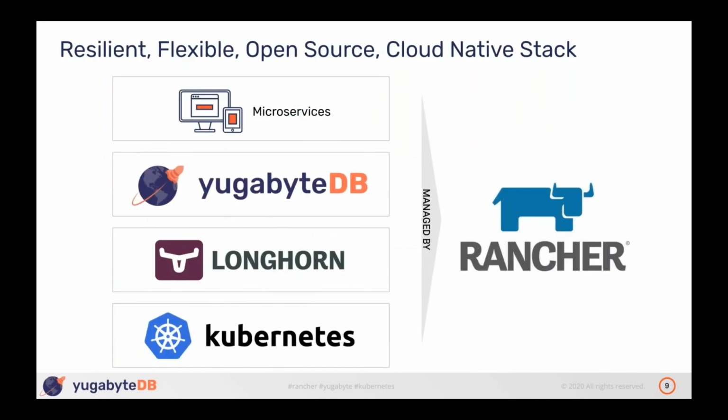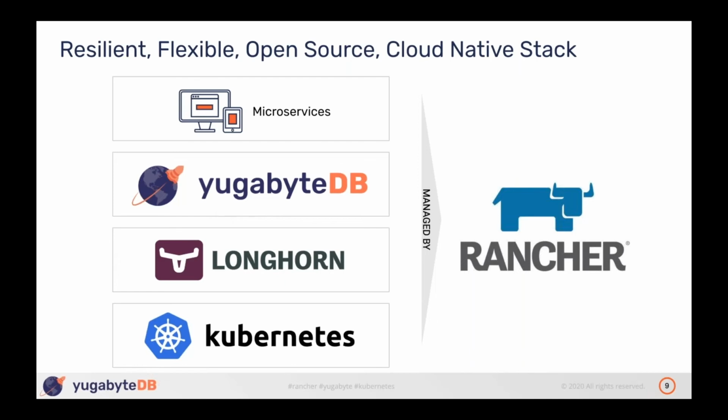So what have we learned so far? Well, we have seen that in order for us to build modern applications at a very fast pace and deploy them on the cloud native infrastructure that we've all come to appreciate and love, we need the application and infrastructure stack to become very resilient and flexible, right?